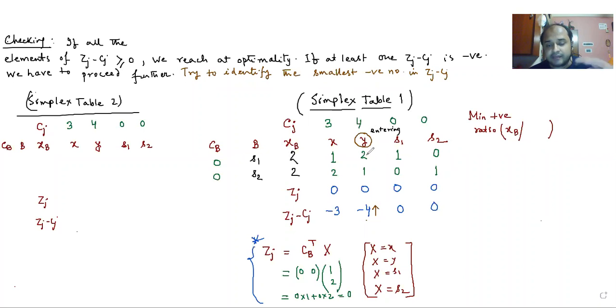It will take some place, either this place or that place in the basis. Basis means the set which contains the basic vectors or basic variables. But these places are already occupied, one by S1 and another by S2. So one has to leave.